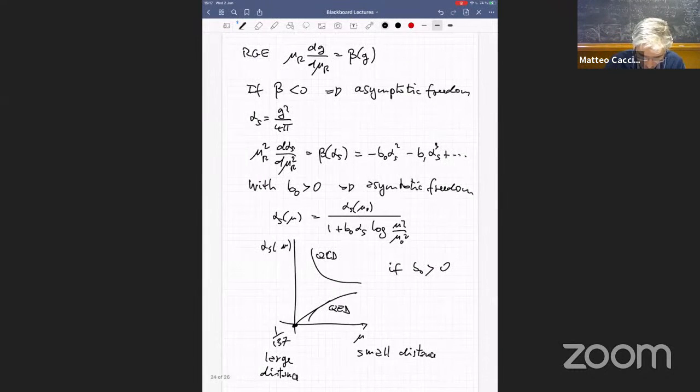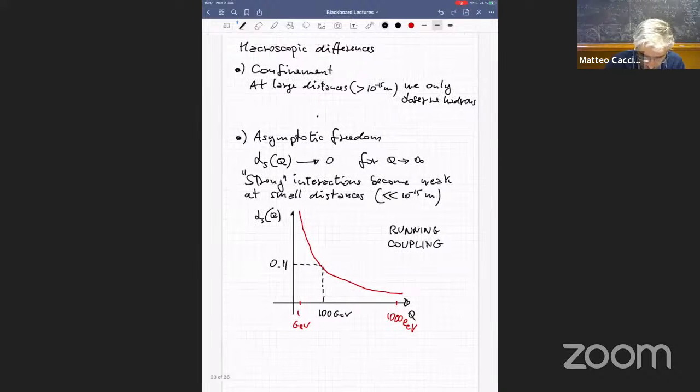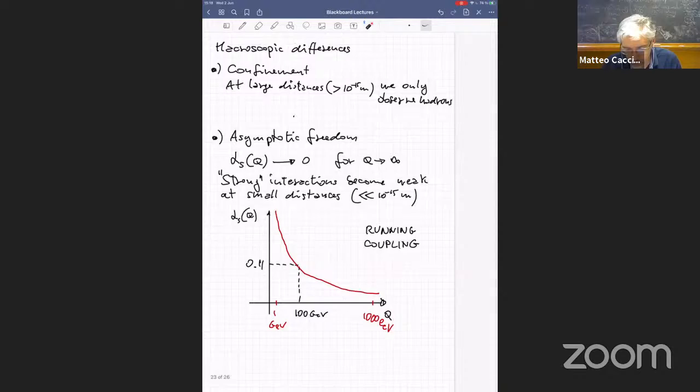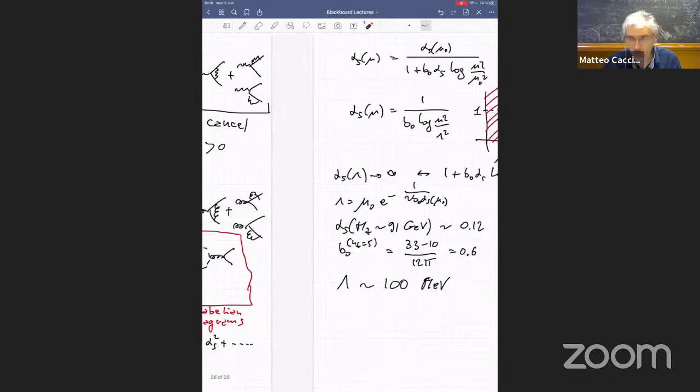Where do I have this plot? Yeah, this plot here. At energies of order 100 GeV, indeed, the coupling is small enough so that perturbation theory can work. So we have a region where we can apply perturbation theory. We can measure.